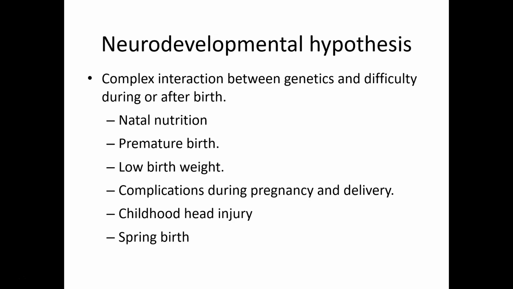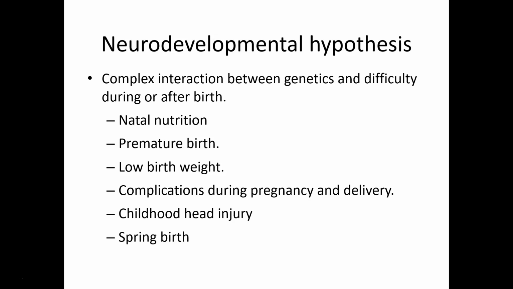This is basically the finding that there's a very complex interaction between genetics and difficulty during or after birth. I mentioned in the last lecture that genes generally do not express themselves. They don't really, quote unquote, turn on unless they're in the proper environment to do so. And the same is true here.